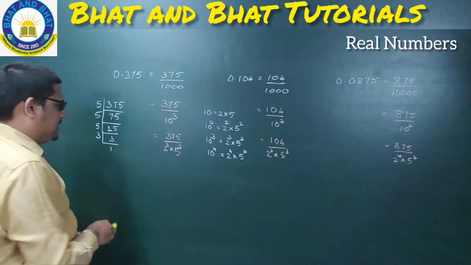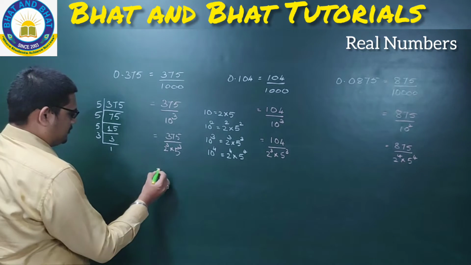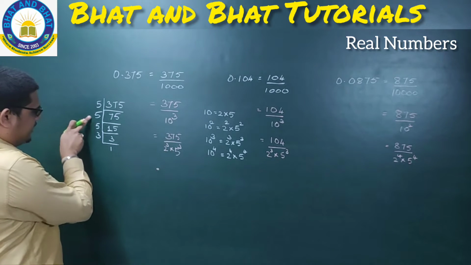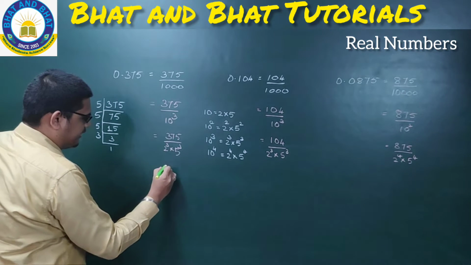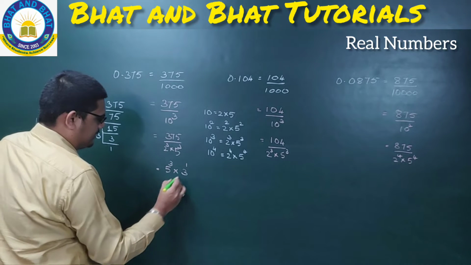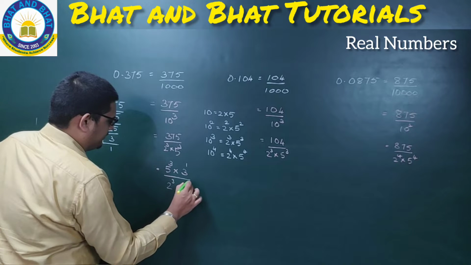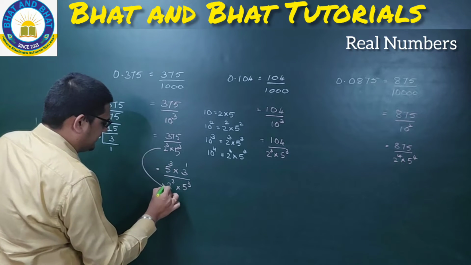Therefore, I can write 375 as 5 into 5 into 5 into 3, which becomes 5 to the power 3 into 3 to the power 1, divided by 2 to the power 3 into 5 to the power 3. This has been rewritten as it is.